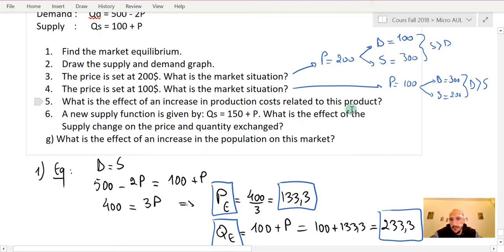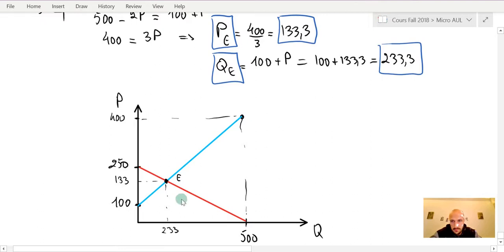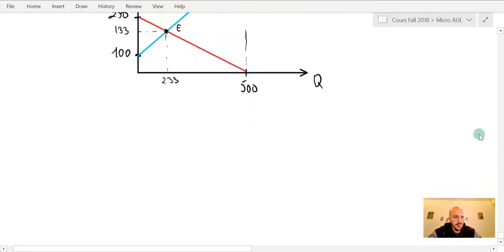Great. So we are done with 3 and 4. 5. What is the effect of an increase in production cost related to this production? So regarding question 5, we'll put it here. Question 5.